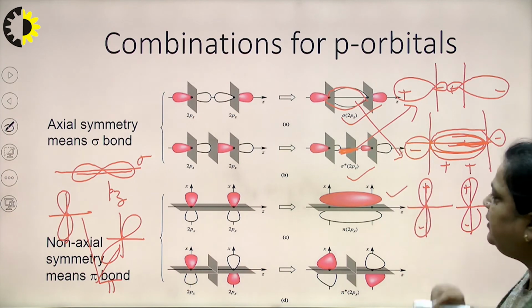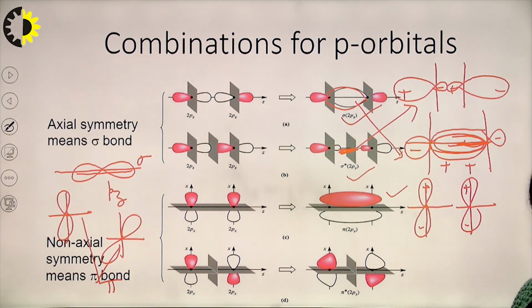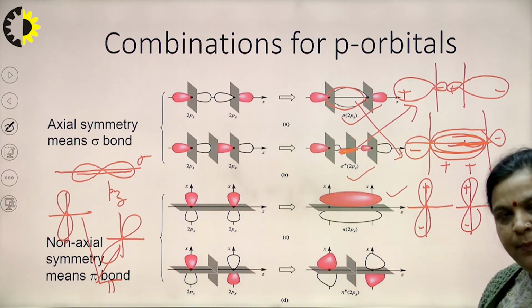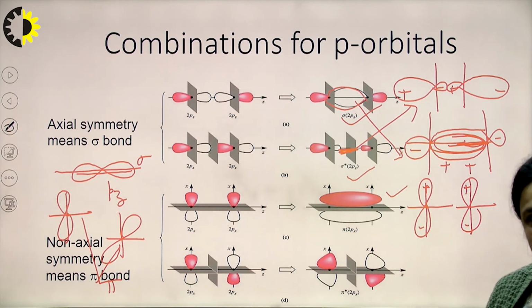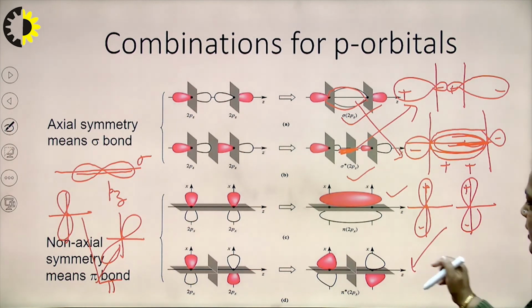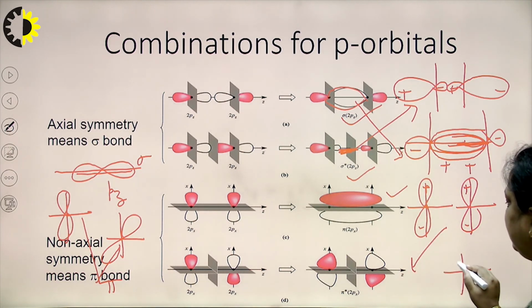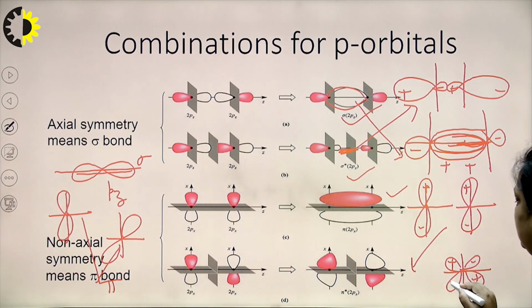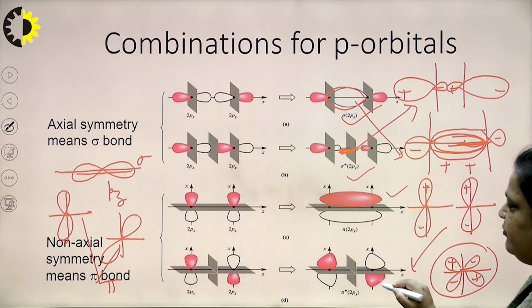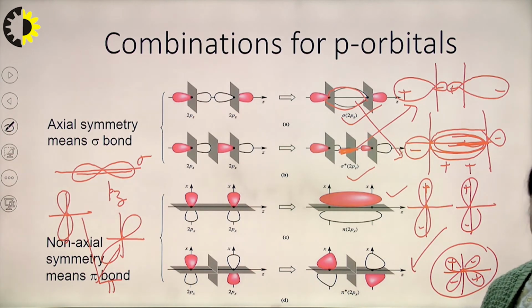In this case we get this type of molecular orbital, and since a pi bond is there, we write either pi 2Px or pi 2Py. But when there is negative overlapping, they repel each other, and we get this type of distribution, plus minus minus plus. In this case a nodal plane is observed, and since a pi bond is there, we write either pi star 2Px or pi star 2Py.